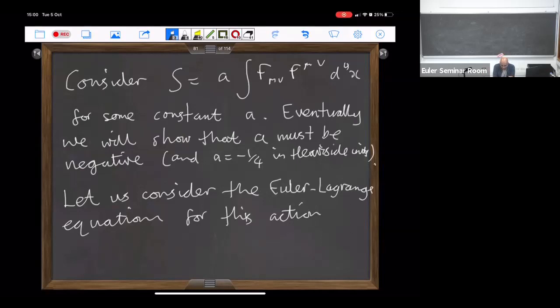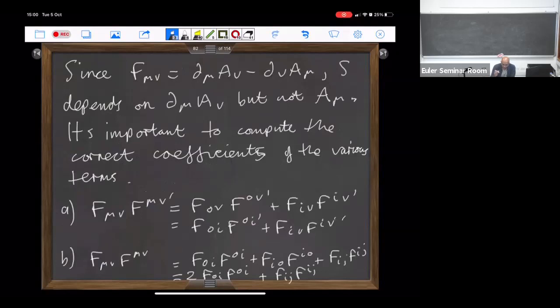So we want to work out the Euler-Lagrange equations for this action, and in order to do that, we need to understand the expression F mu nu squared a bit better to do the calculation precisely. Okay, so F mu nu is d mu A nu minus d nu A mu. So the action depends on d mu A nu, but not on A mu.